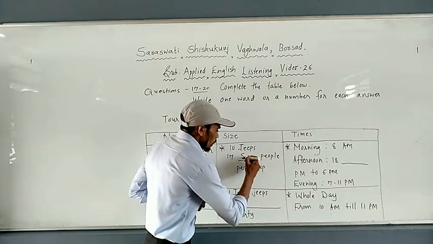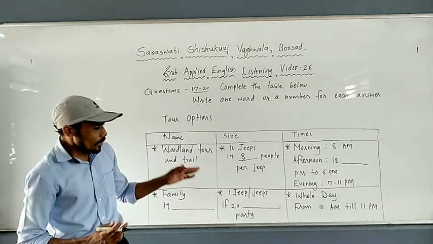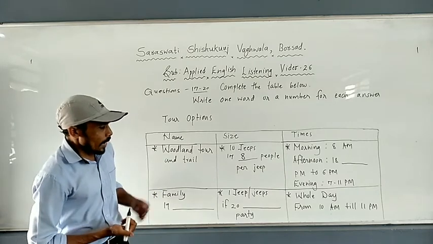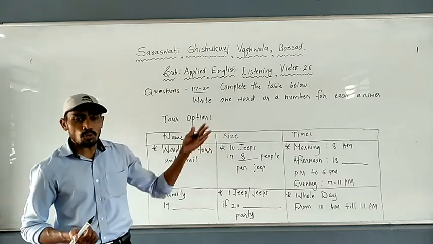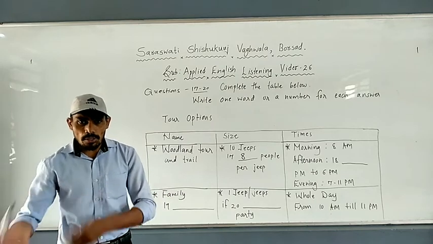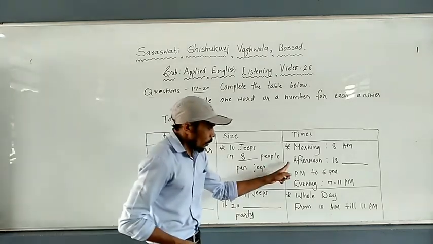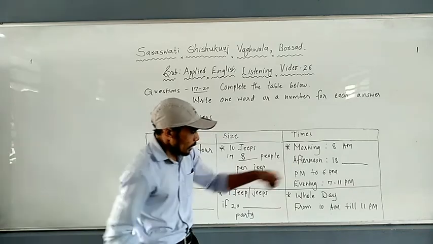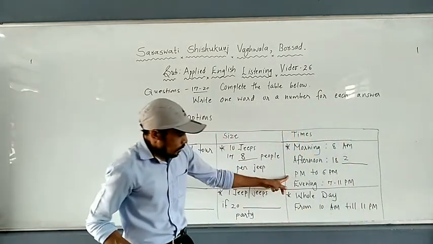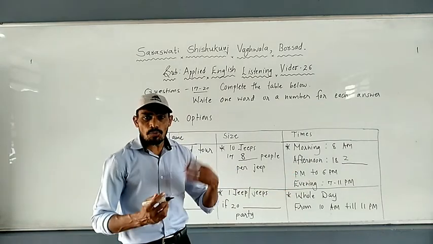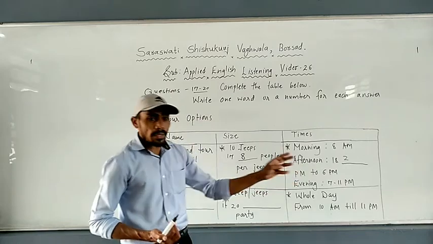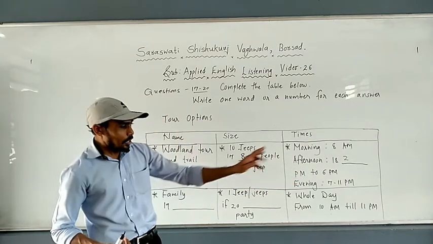Usually in the summer we have 3 timings, but you are not expected to work all 3 tours. It is morning 8 a.m. to 2 p.m., and 6 p.m. and the evening one more, that is 7 to 11 p.m. So there are 3 in total, but you are expected to work only 2.